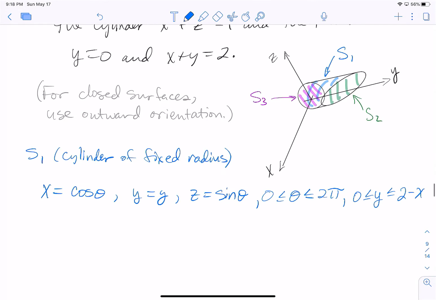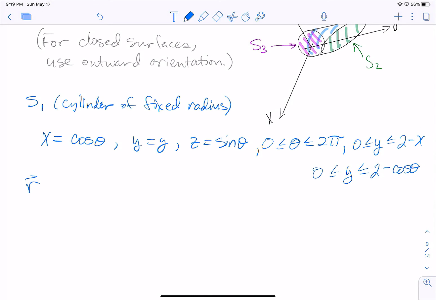But in terms of this parameterization, we would say that y goes from 0 to 2 minus the cosine of theta. X is equal to the cosine of theta after all. So we'll say that r of theta, y is equal to cosine theta, y, sine theta, with the limits we just discussed. That one for theta and that one for y.